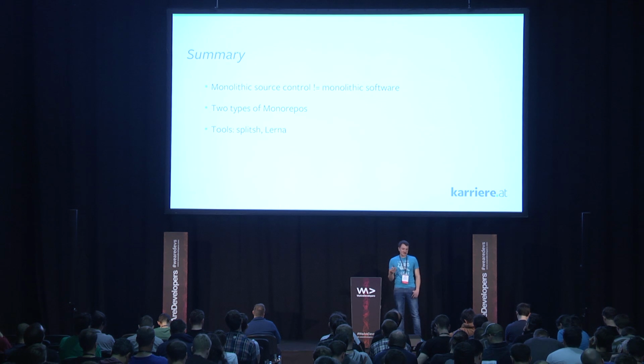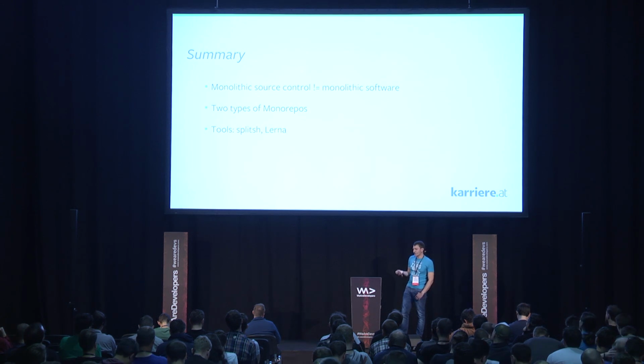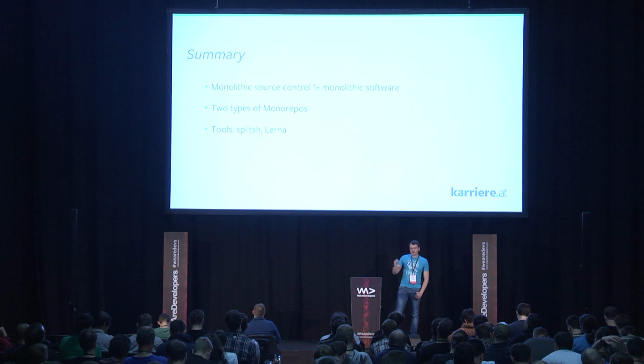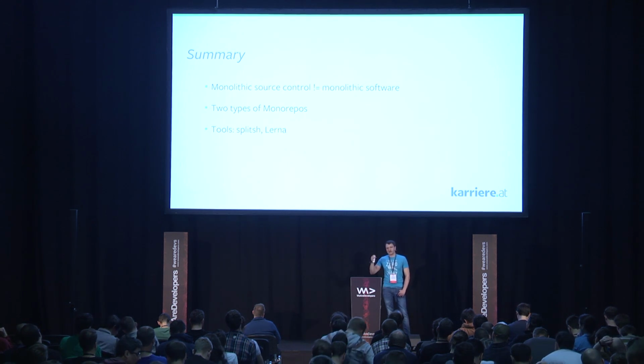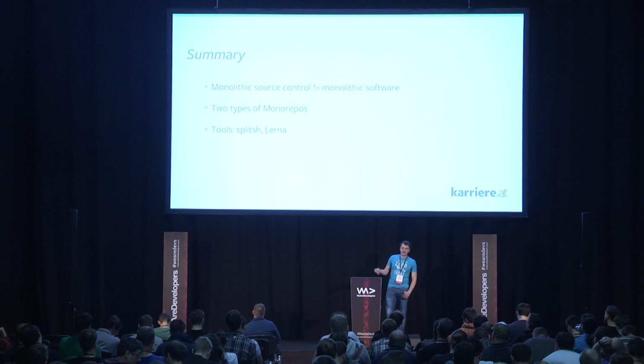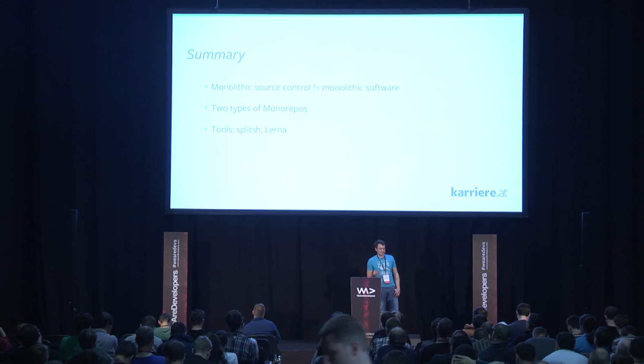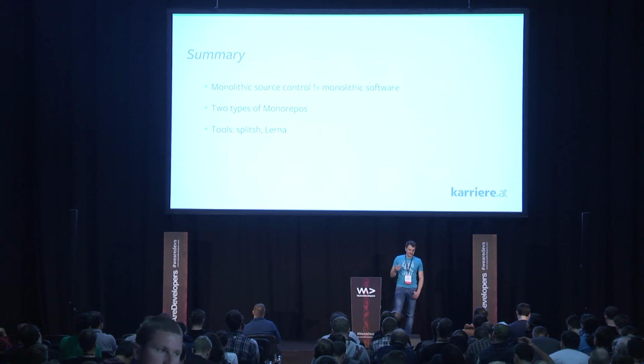And there are tools which can help you maintain your monorepo. For example, SplitSH, which can automatically generate separate repositories of your packages maintained in your monorepo. And there's Lerna, which can help you to manage a multi-package monorepo with NPM packages.